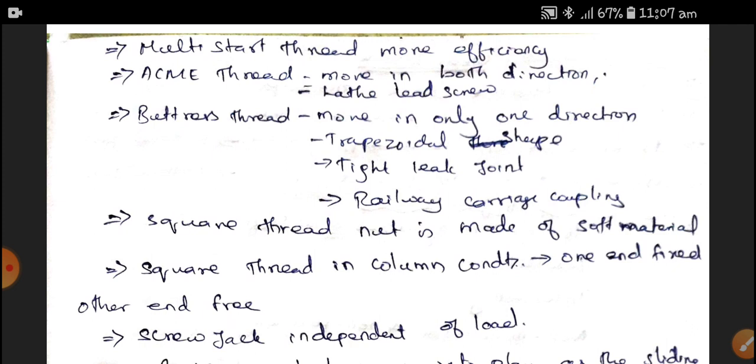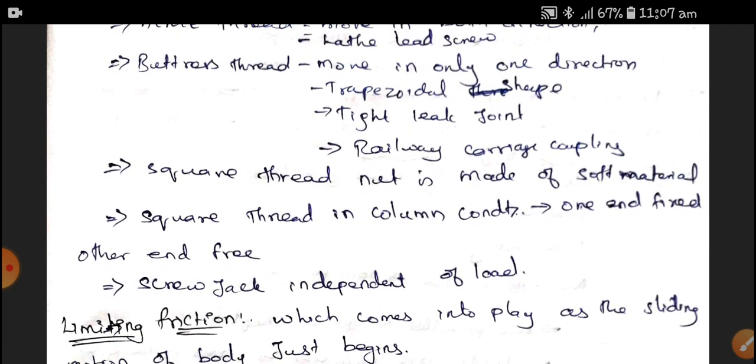Mostly the buttress thread is in the form of a trapezoidal shape. Therefore, it can be used in tight leak joints as well as railway carriage couplings, which use buttress threads. Square thread nuts are made of a soft material, and square thread is assumed to be in a column condition.